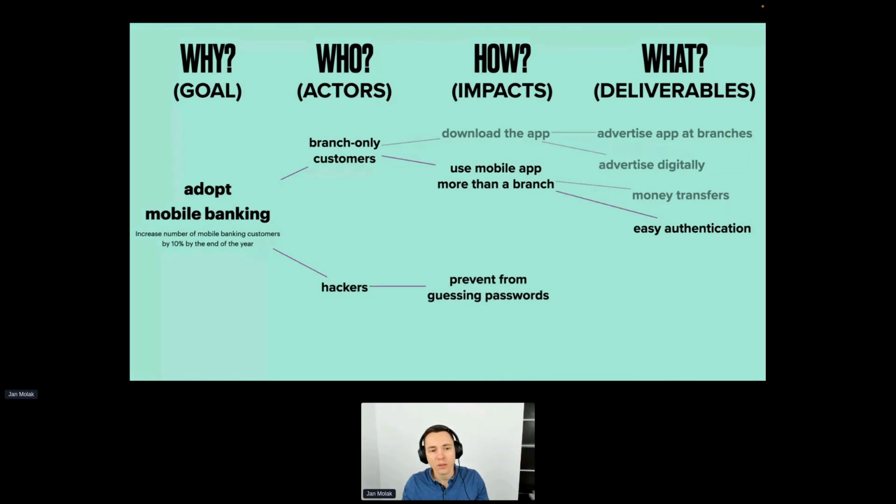So there are some actors whose certain behaviors we'd want to limit, like for the hackers to be able to guess or brute force the passwords our customers come up with. So, as you can see, impact maps can help us explore and visualize not only the actors whose behavior we might need to influence, the impact we want to make, and the deliverables we as a team can control. They can also help us spot features that could be detrimental to our product success.